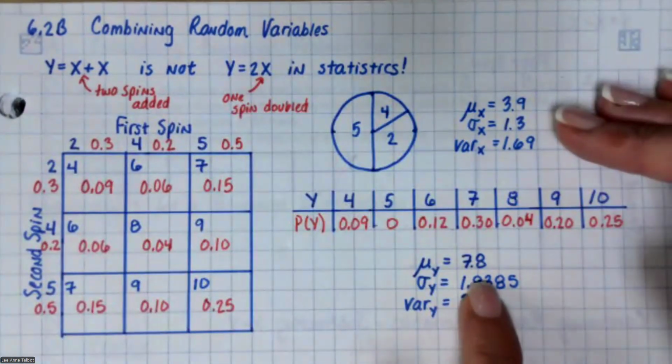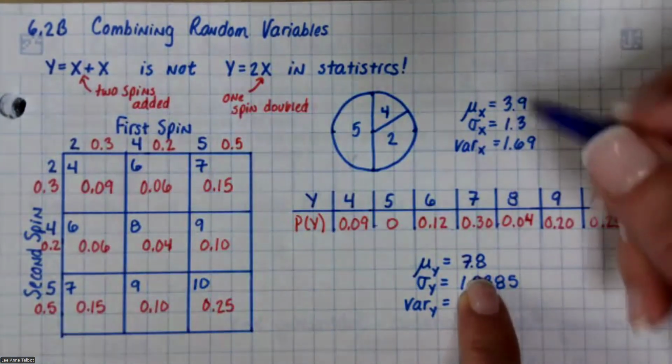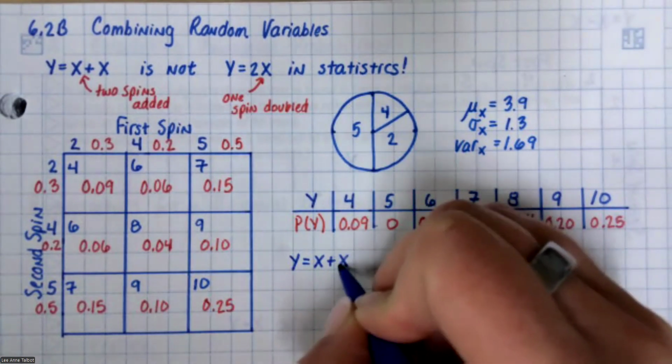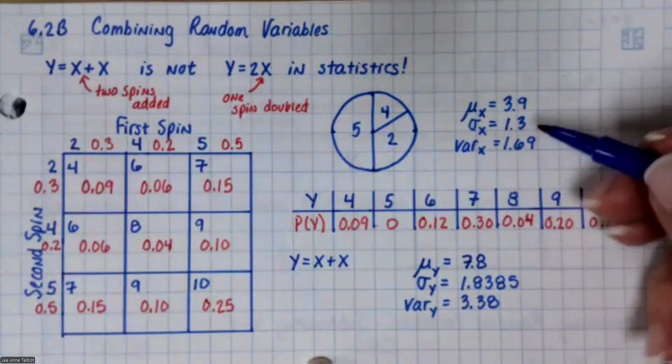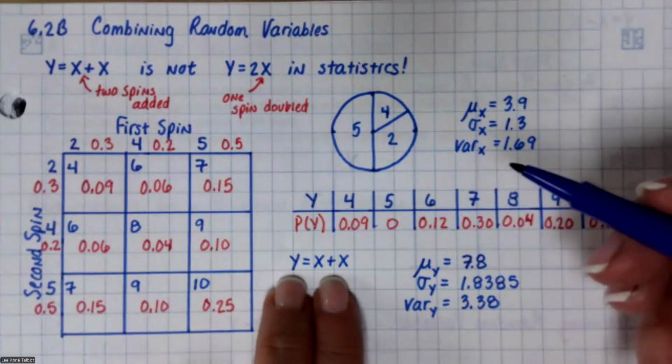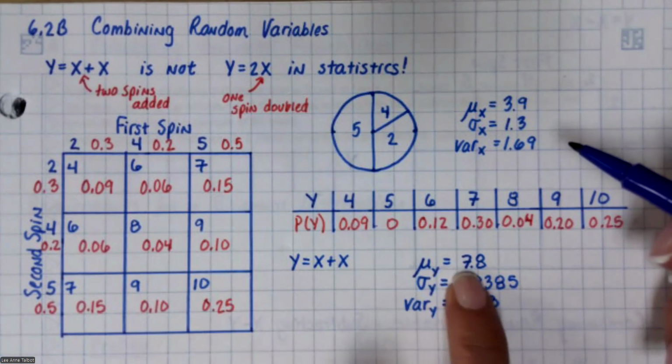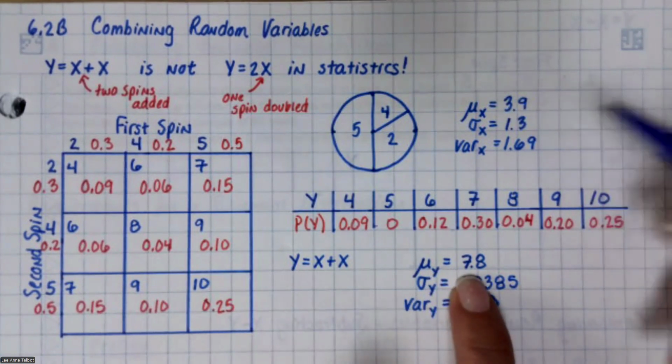Okay. Remember that we're working with y equals x plus x. So if y equals x plus x, how do I get 7.8 from 3.9?